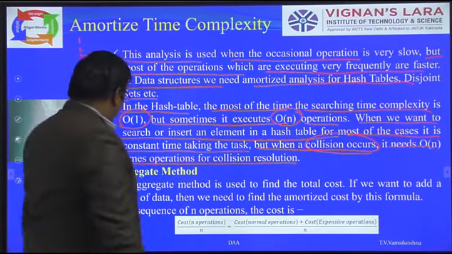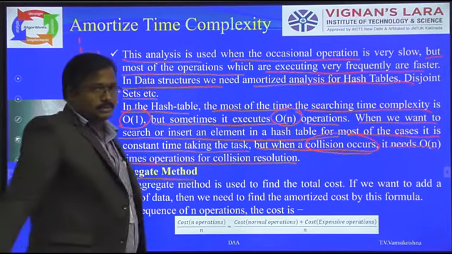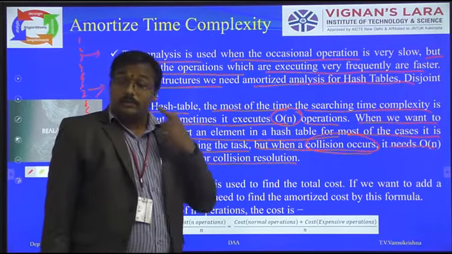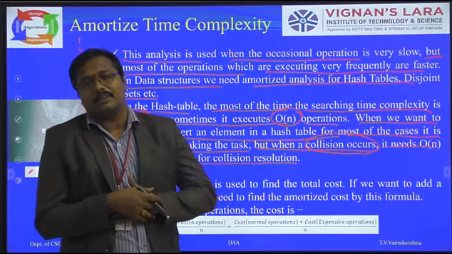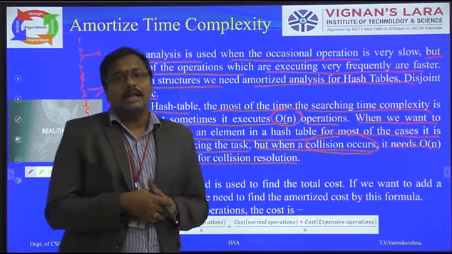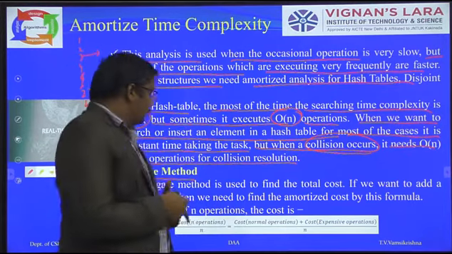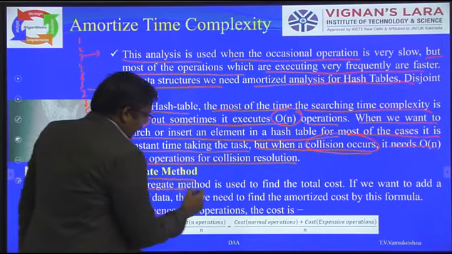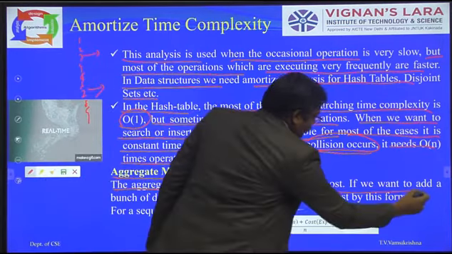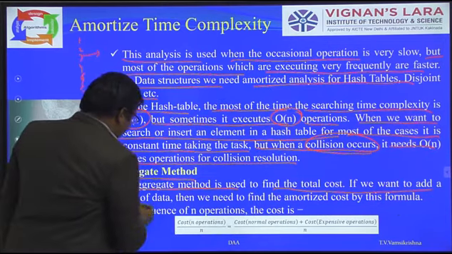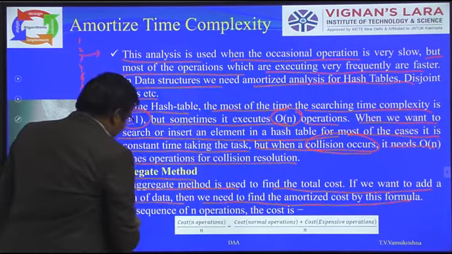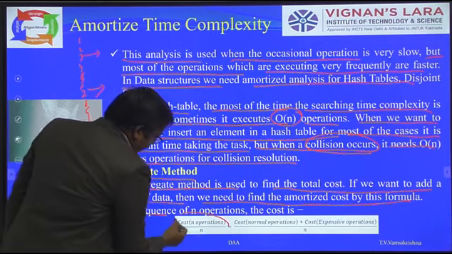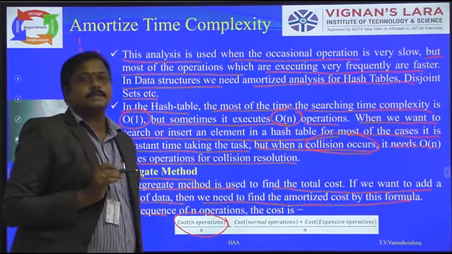So for avoiding this problem, we are going to use the aggregate method. Different kinds of methods are available, but we are considering the aggregate method. The aggregate method is used to find the total cost. If you want to add a bunch of data, we need to find the amortized cost by using a formula like cost of n operations.